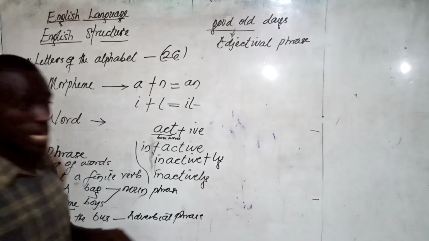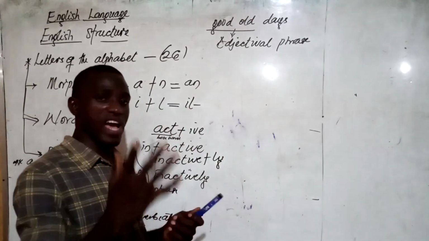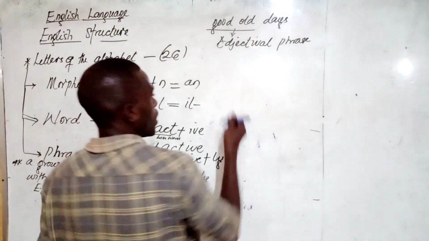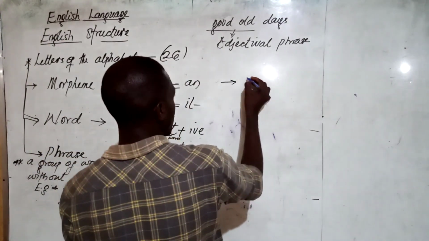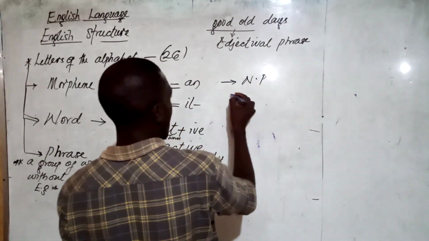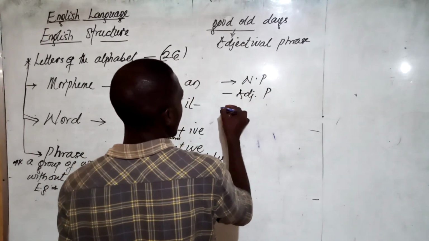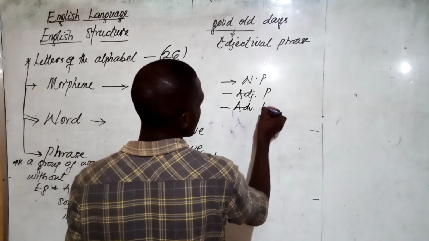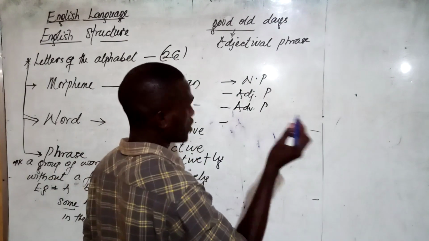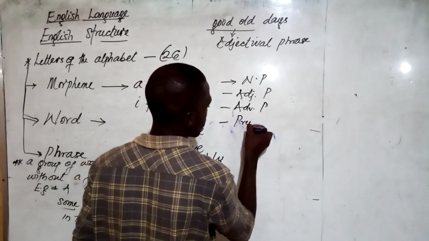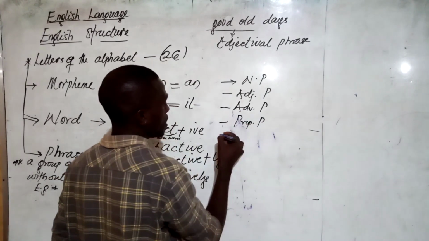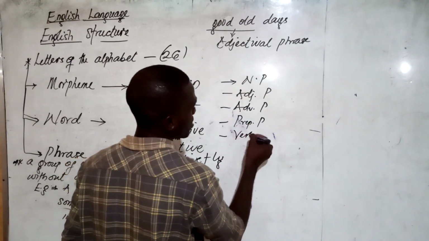Now in archaic English, there used to be 5 types of phrases. We had the noun phrase, of course, the adjectival phrase, the adverbial phrase, and initially we had what was called the prepositional phrase, and we also had the verb phrase.